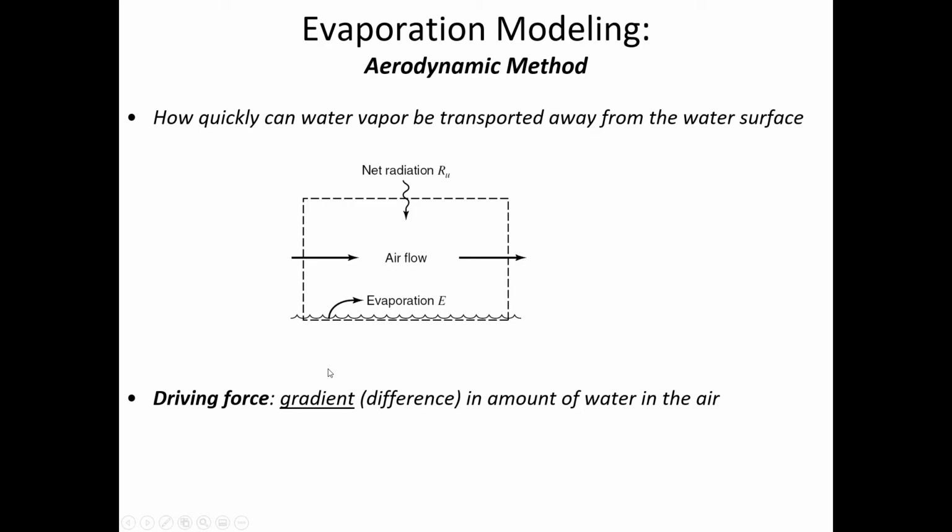And what would drive evaporation then is the difference between how much moisture is in the air and how much can be in the air. And the closer you get to saturation, the lower the rate of evaporation would go. And this is definitely true if you've ever been into an arid region like California or Utah, Nevada.